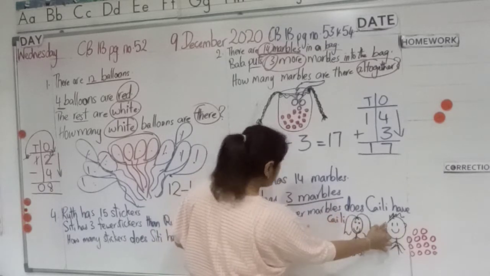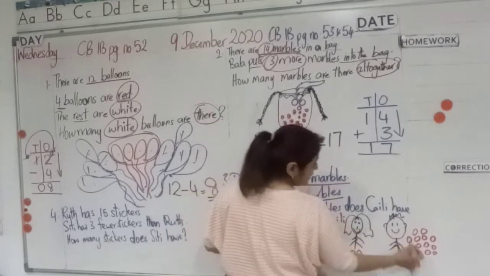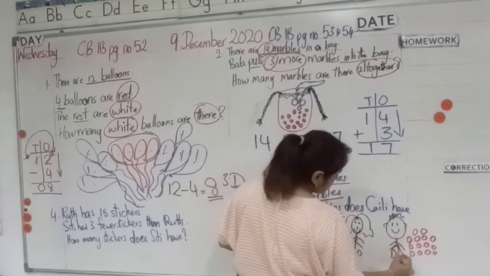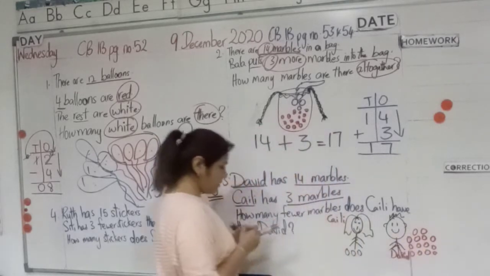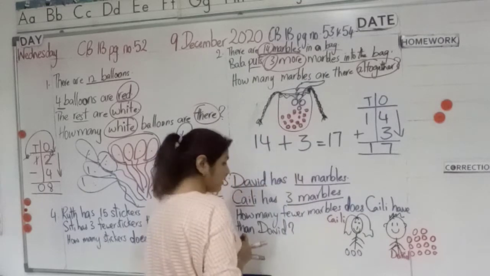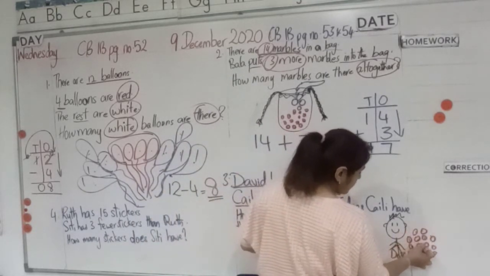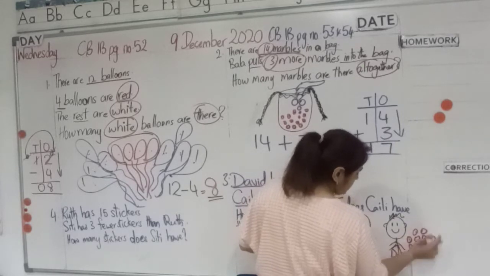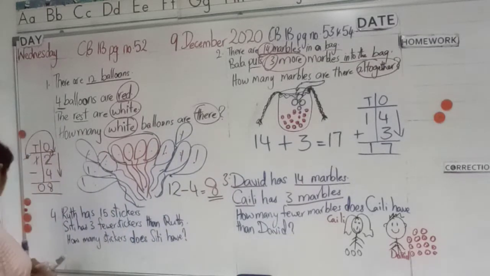And this is David, who is having 14 marbles. He's having 14 marbles. Let me count. 3 marbles are easy to count. Let me check whether these are 14 or not. So 1, 2, 3, 4, 5, 6, 7, 8, 9, 10, 11, 12, 13, 14. Yes. So there are 14 marbles. So I have drawn correctly.